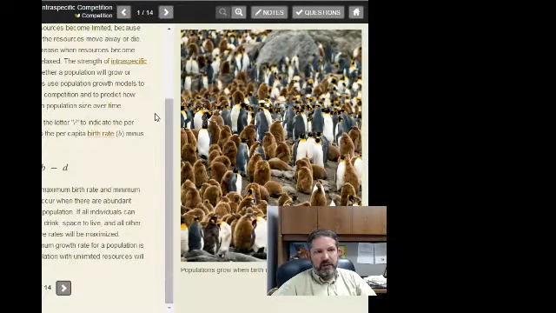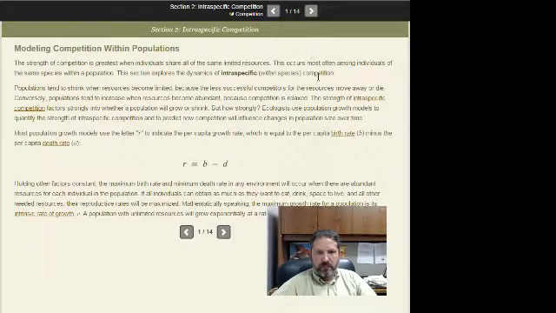Modeling competitions. R equals B minus D. We start to get a little bit of math here, and I know that starts to worry people. Here we go. R equals, so rate of growth equals birth minus death. This is the population rate of growth.